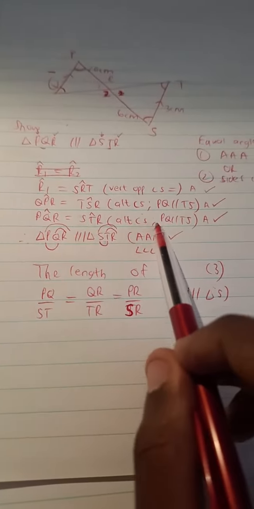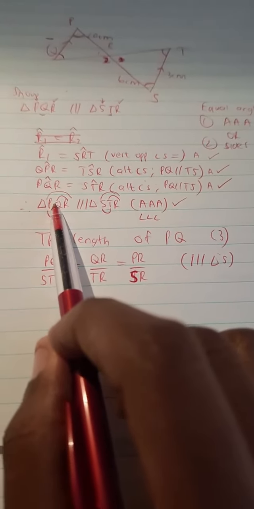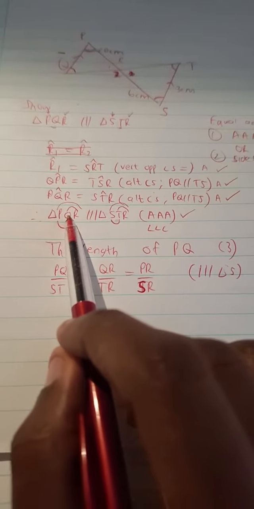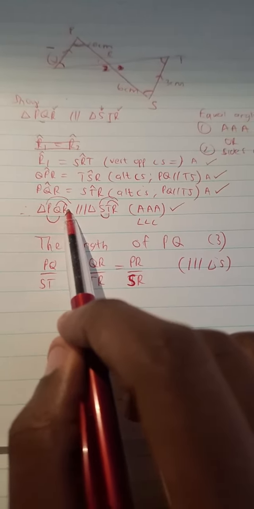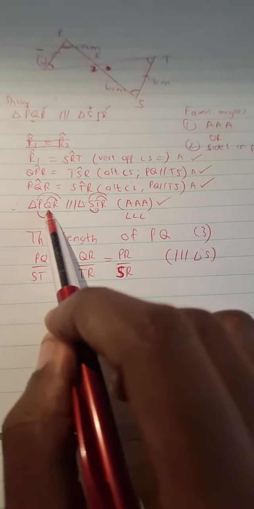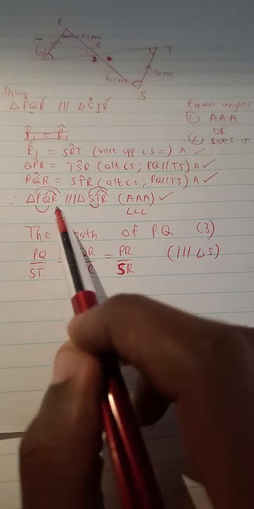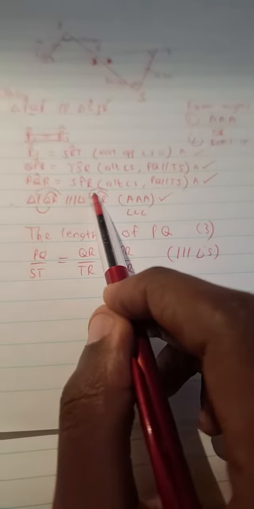So because the triangles are similar, I can now write my sides in the same proportion. How? You see PQ, my first two letters for each triangle can be written as a ratio. PQ over ST is equal to what? Last two letters, QR over TR.